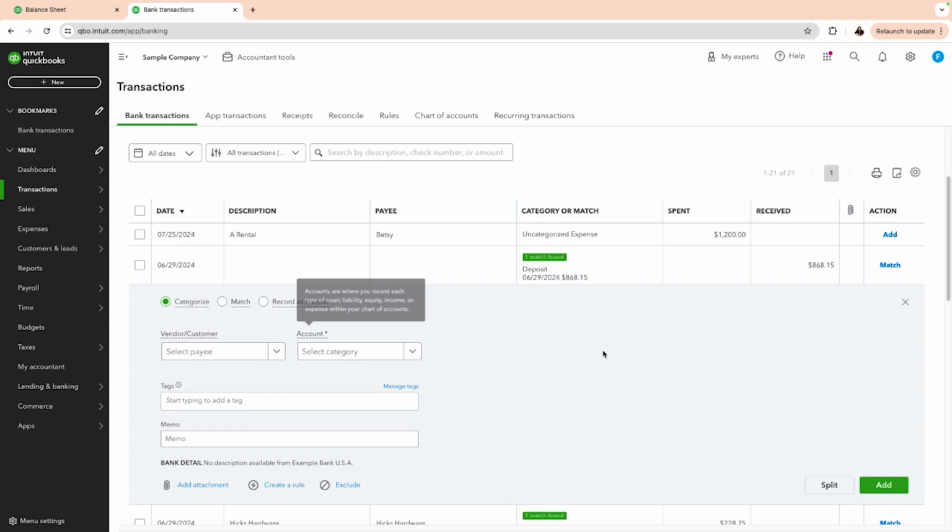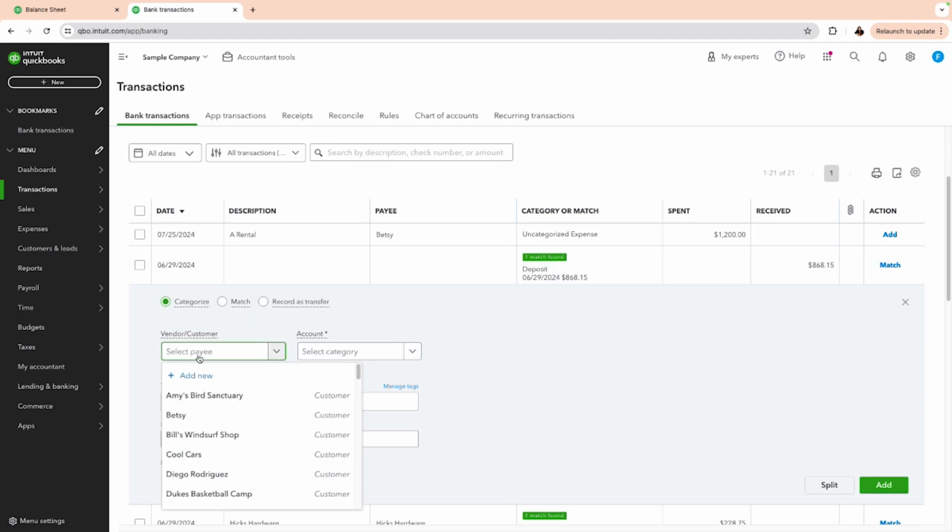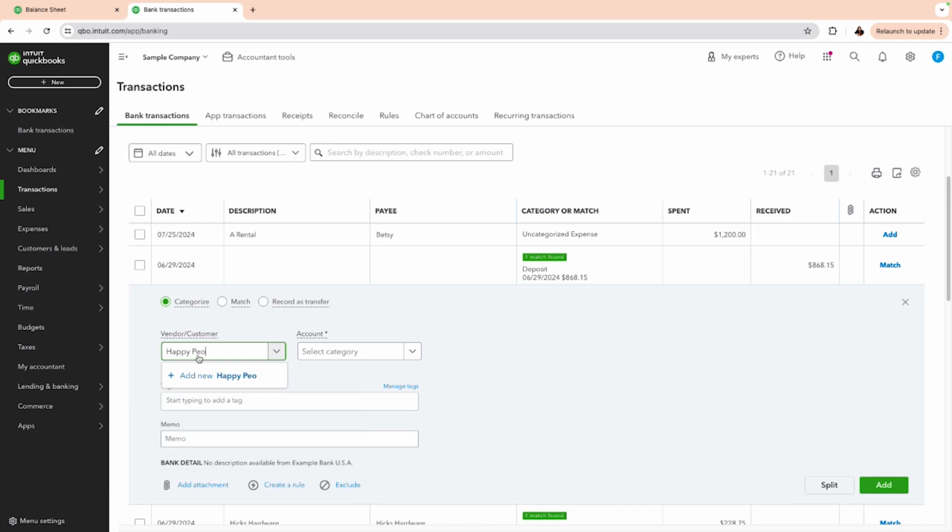It's money received, coming from the insurance, so this is coming straight into the checking account. And what I'm gonna do, the vendor / customer, I'm gonna put the name of the insurance. So I will put Happy People's Insurance.